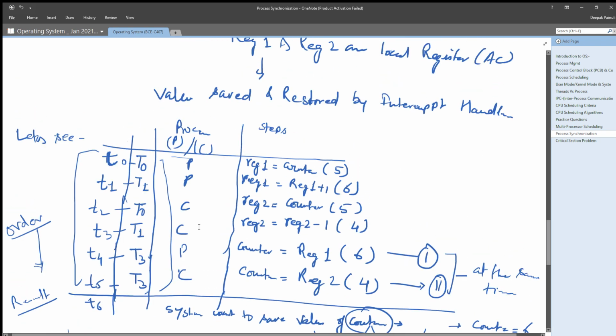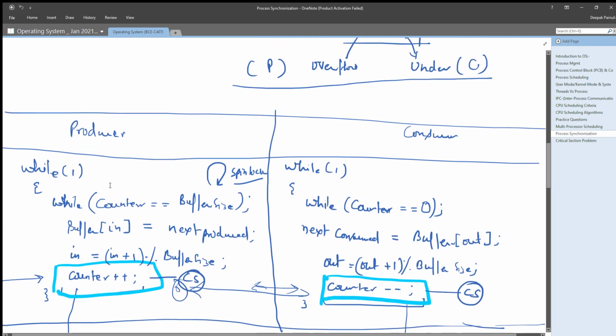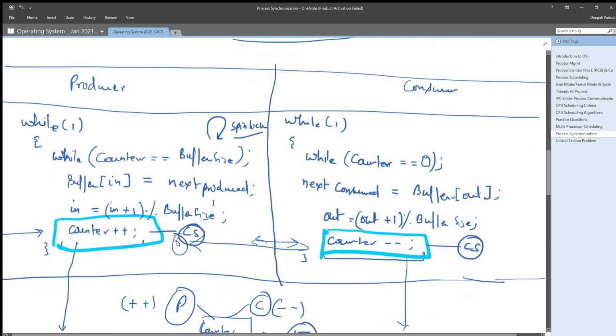Like in our example, the producer and consumer problem, we have pseudocode for both, and in both we may see that producer and consumer are doing some changes to the common variable, which is counter. So this may be the critical section of these processes.